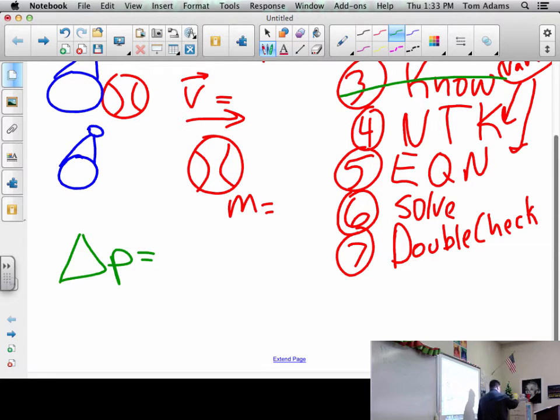Let me read it again so you know what we're talking about. It says, will the magnitude of the change in momentum, delta P, what does the delta stand for? Change. What does the P stand for? Momentum. Of the change in momentum of the baseball before and after the bunt, will it be, and then it gives us 3 options.